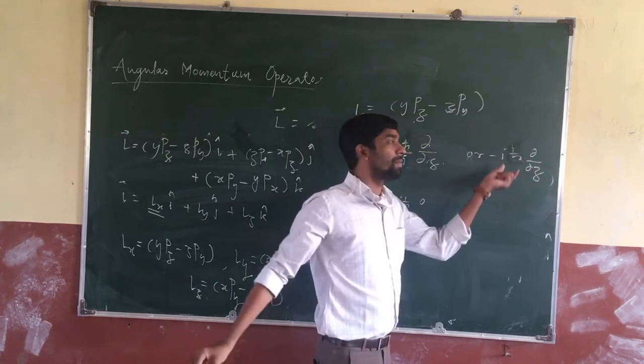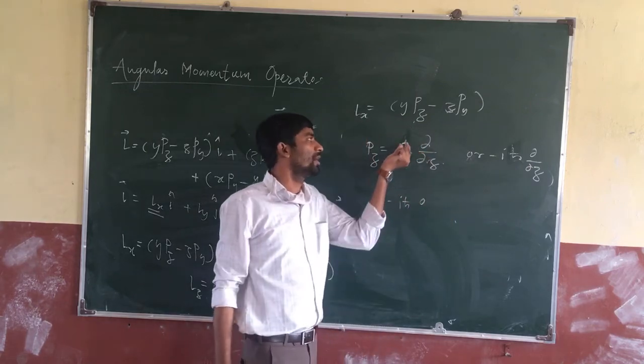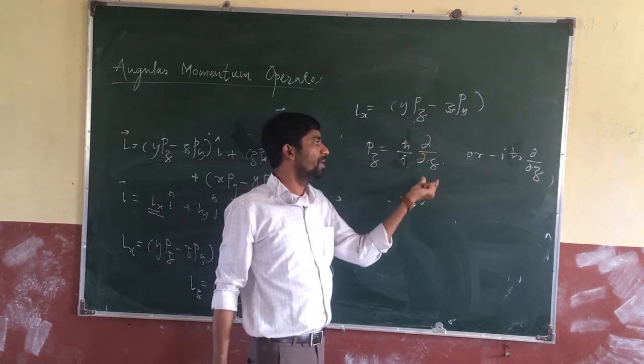You can write it with the minus sign, as minus i h cross d by dz, or if you take the plus sign, h cross divided by i, dou by dou z.